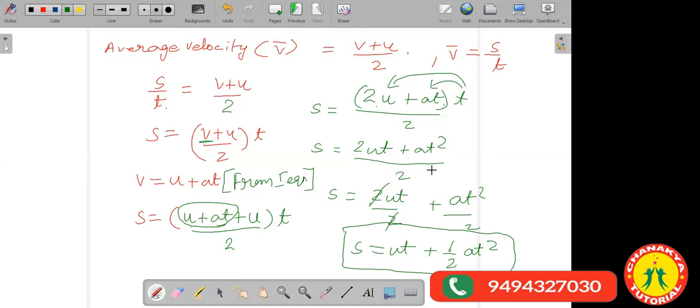Then the terms can be separated. You cannot cancel here because in the numerator you have a binomial term. So either you take out 2 common or you separate the terms. By separating, you get 2ut by 2 plus at squared by 2. Then the 2s cancel and you have s equals ut plus 1 by 2 at squared.